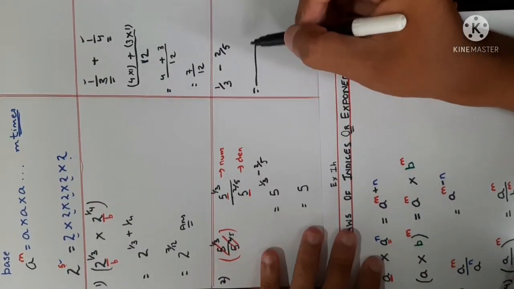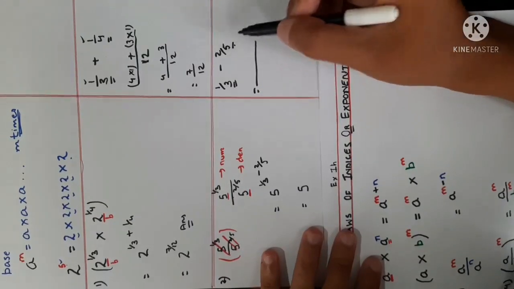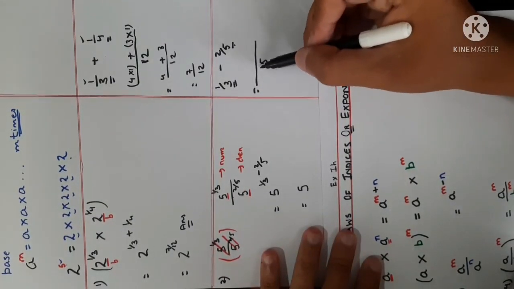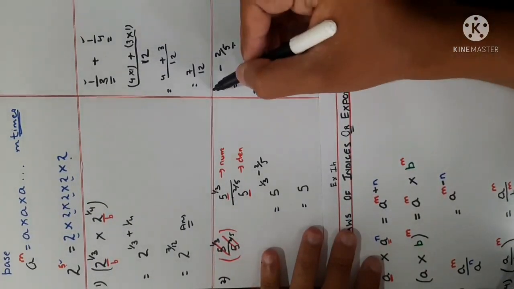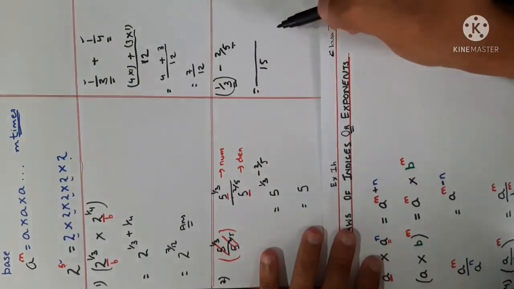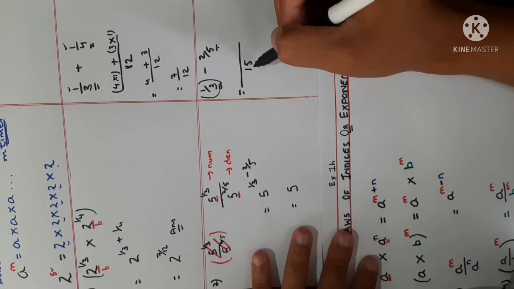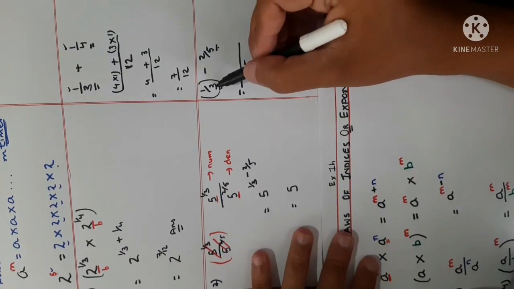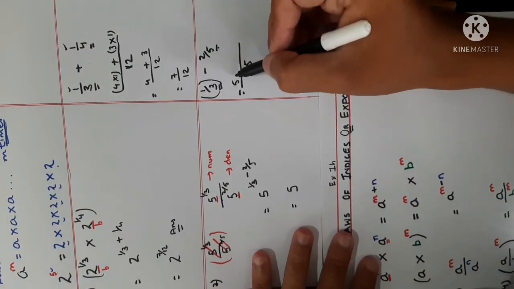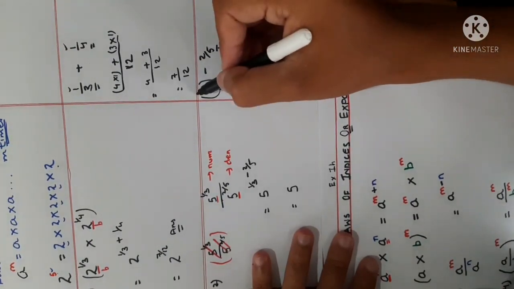Again, the LCM of 3 and 5 is 15. Next, what do we do? For the first fraction, 1 by 3, we divide the LCM by the denominator: 15 divided by 3 equals 5. This 5 we multiply with the numerator.